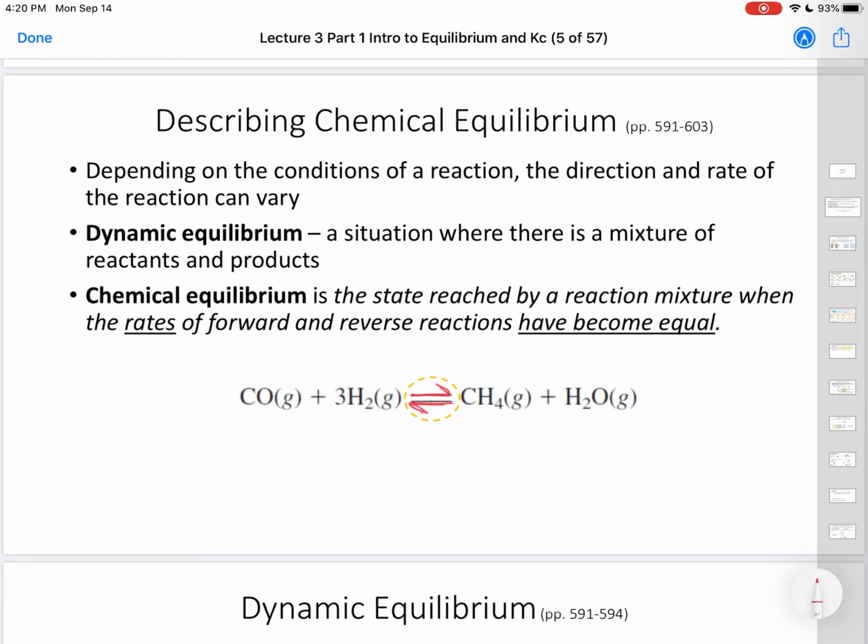And both of these reactions are happening at the same time in the reaction flask. Because of this, at any given time during the reaction, there is going to be some of the reactants and some of the products in the container. This is a situation of dynamic equilibrium.